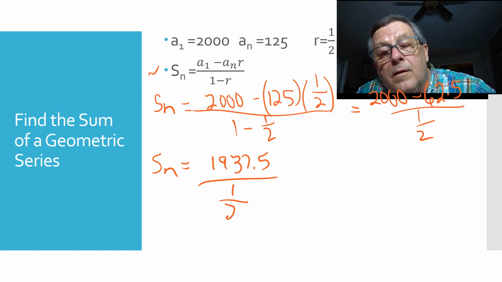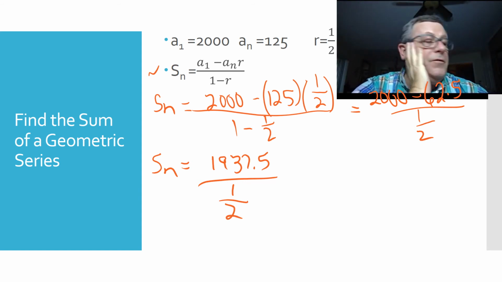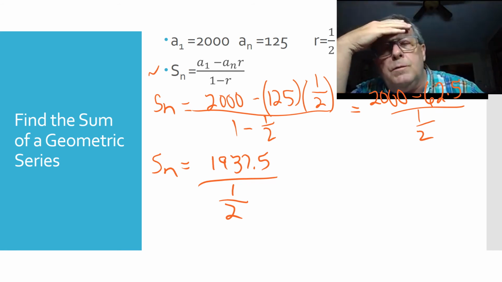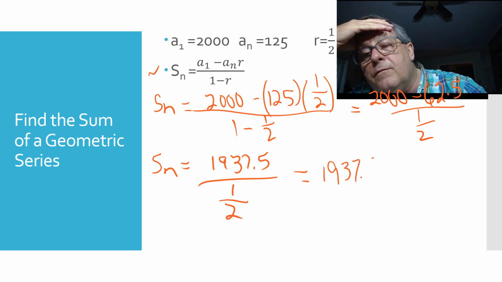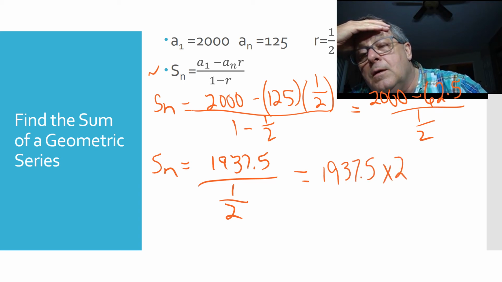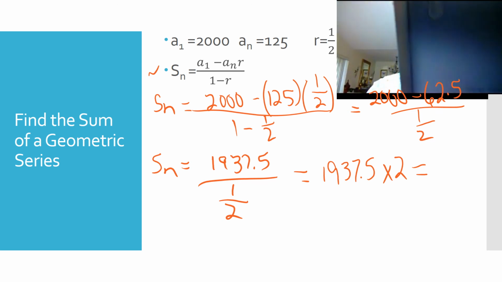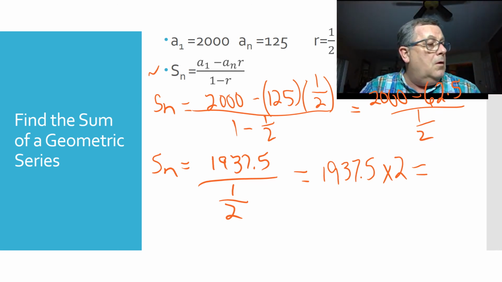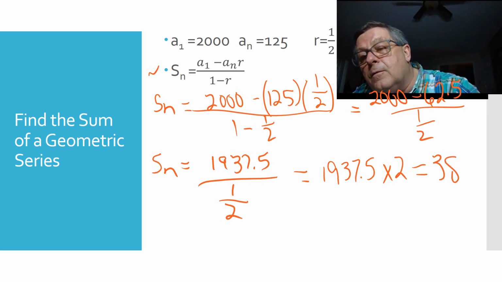If I'm going to divide by 1/2, that's the same as multiplying by 2. So Sn is going to equal 1,937.5 times 2, which is 3,875.